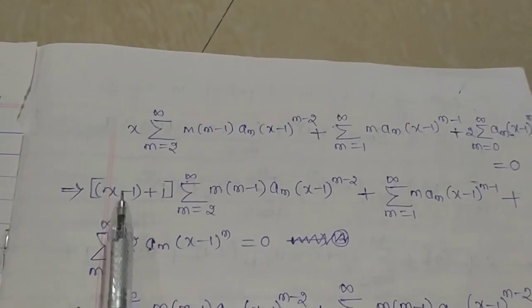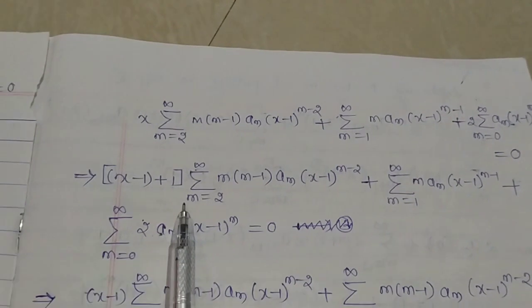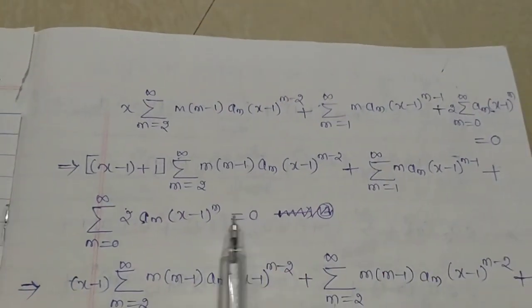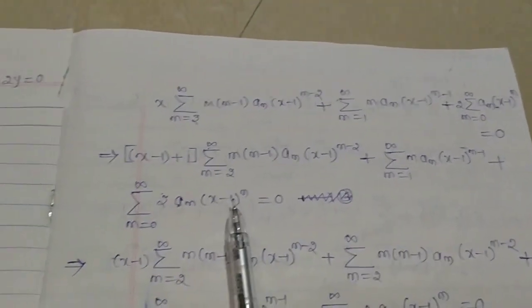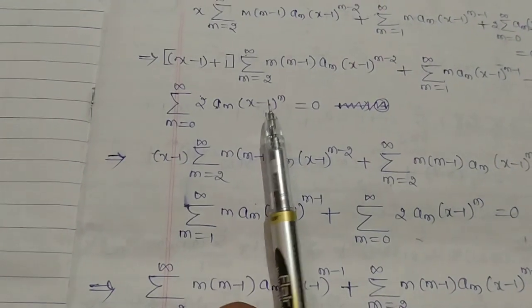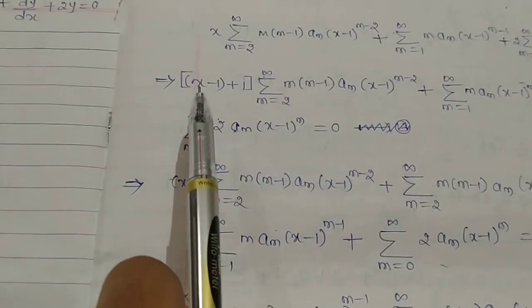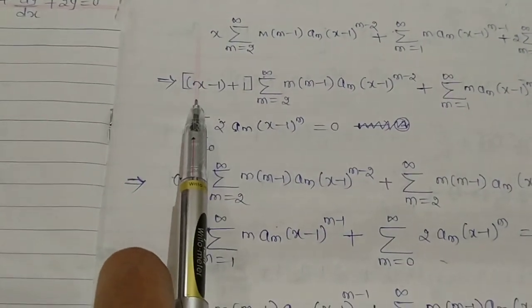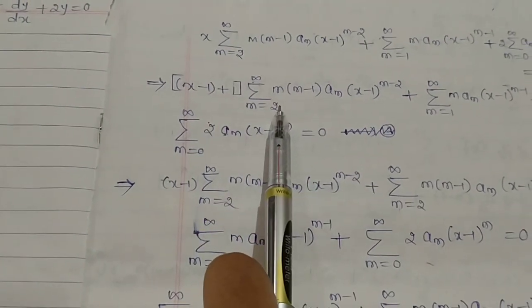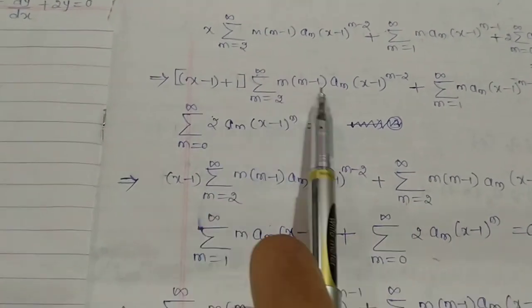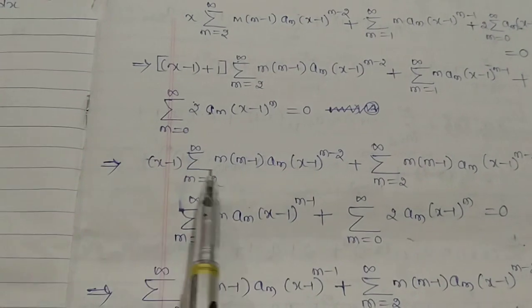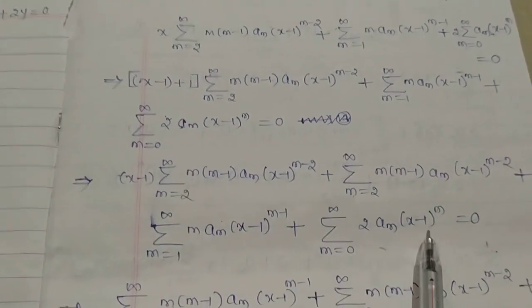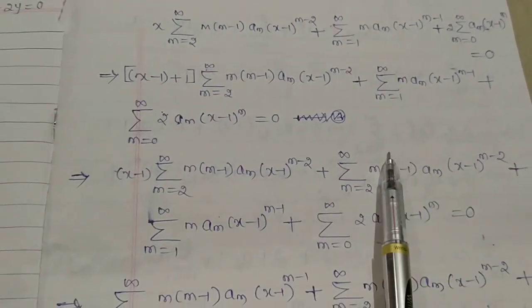This becomes x minus 1 plus 1, and I will write all the terms as they are. Now again we have to first write x minus 1 into this value plus 1 into this value, that is x minus 1 into the term plus summation, which is as it is.